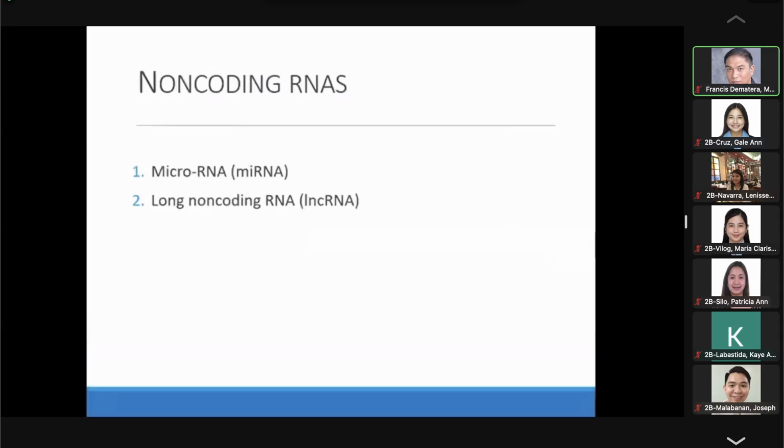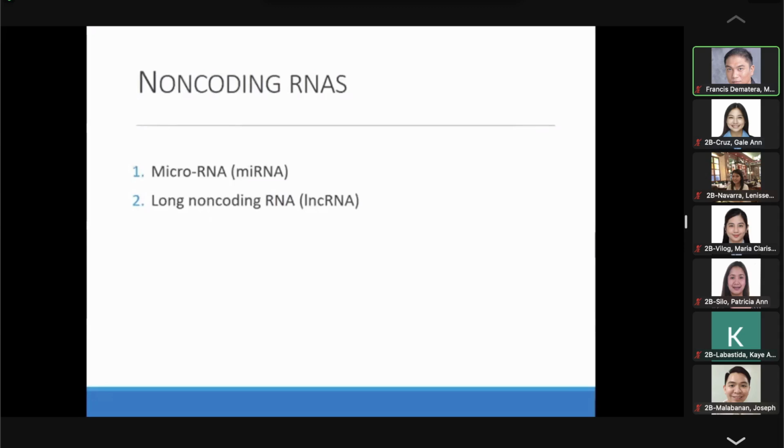So non-coding regions can also regulate genes, and these genomic sequences are transcribed but not translated. So for a quick review, transcription is the process of copying a segment of DNA to RNA, and translation is the process where the information in the transcribed RNA is used to make proteins. So many other non-coding RNAs exist, but only these two will be discussed.